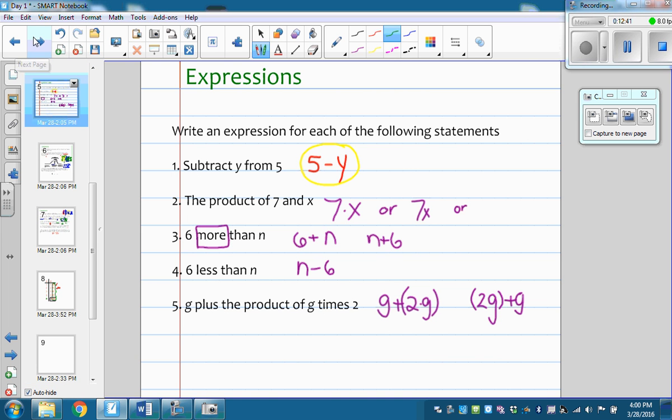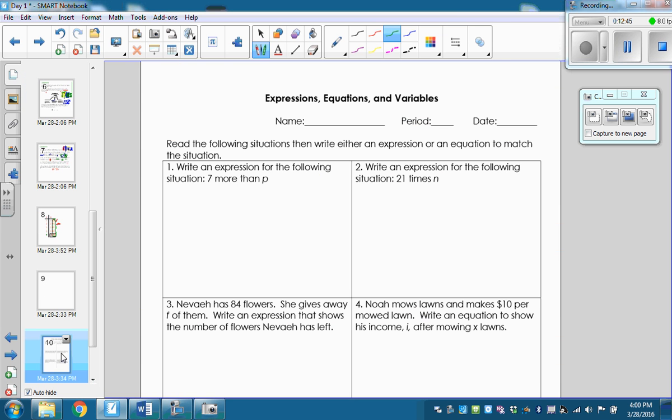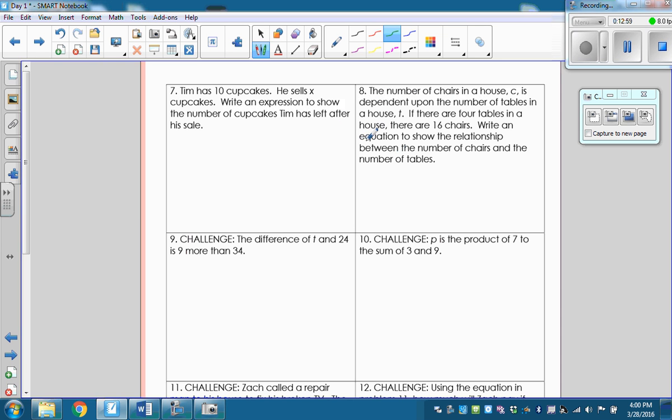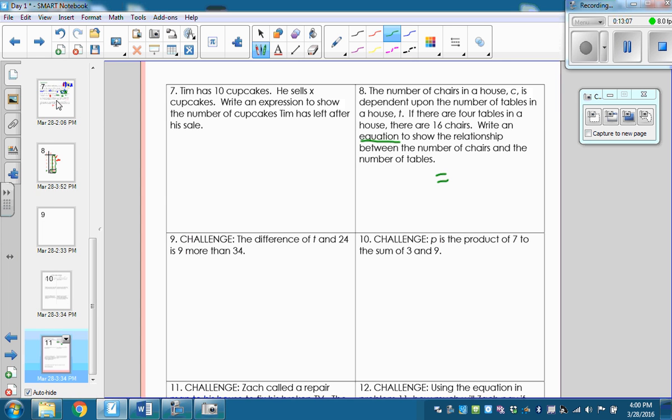And then your other job is to sometimes write equations. So every once in a while, you'll look through this, and if you see the word equation, then you have to do something with an equal sign, like this example we just finished.